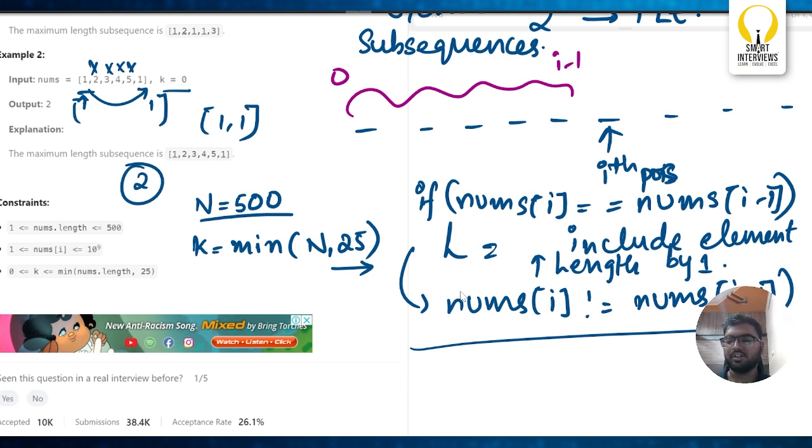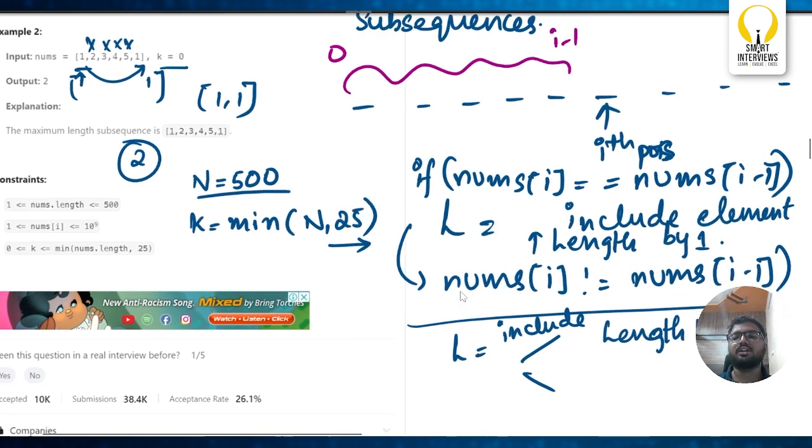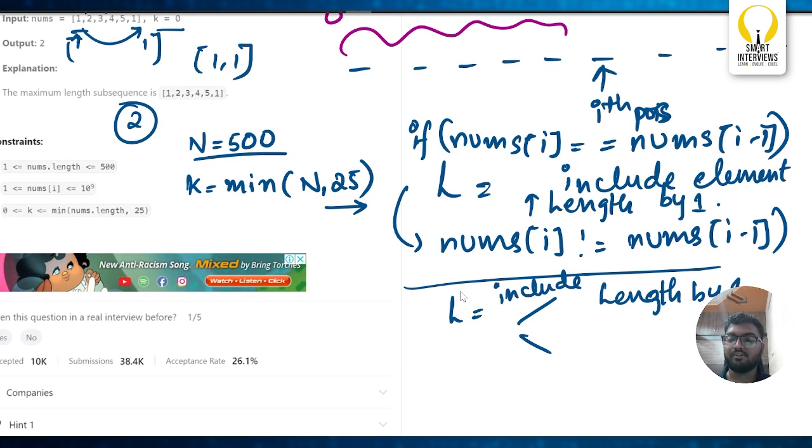If it is not equal, then you can have two choices. If you try to include it, you can increase length by 1. What is the other case? And what happens if you increase your length by 1? You have to decrement your k by 1.